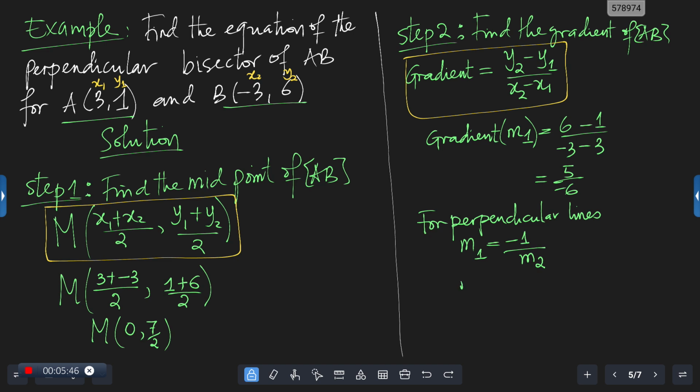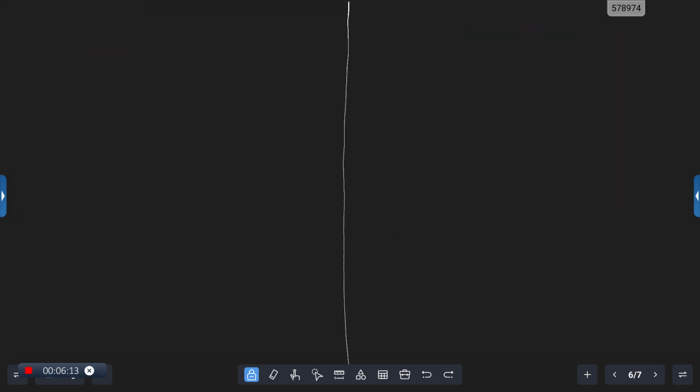So M2 would be negative this, so it becomes positive 6/5. If you solve it, you should be able to have that. Or the trick is just flip it over, change the sign, and you should be good to go. Quickly, we go to step 3.